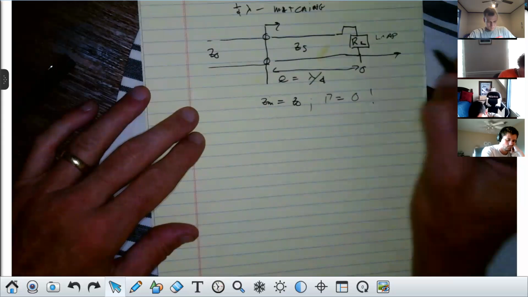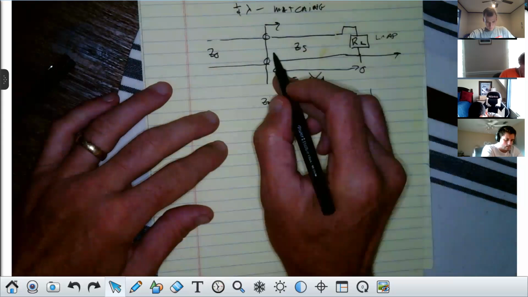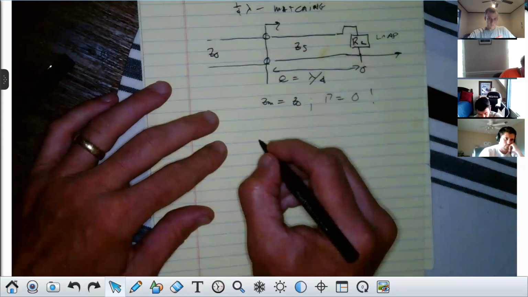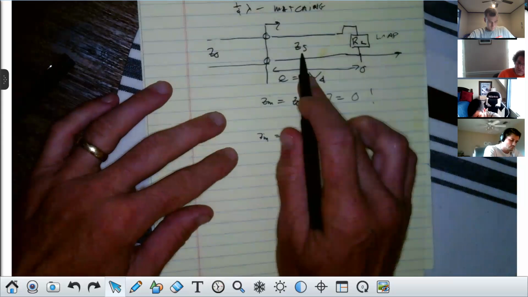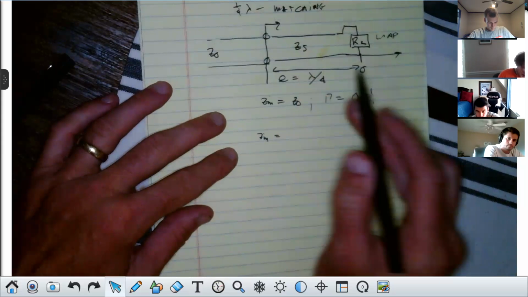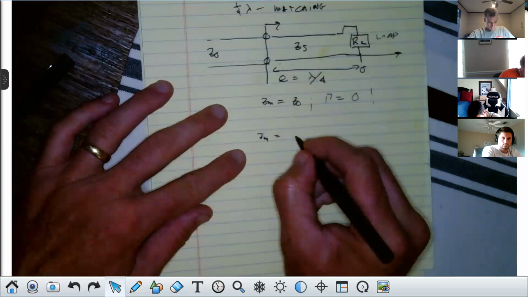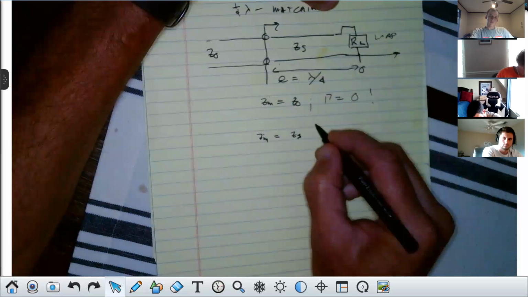With me? Okay. So first thing is, what is the equation for the input impedance into a transmission line? Well, the Zin here generally, just watch this. Zin is equal to the characteristic impedance of the line. Now it's not Z naught, it's ZS, because this is the transmission line we're talking about. So it's ZS times the load impedance.